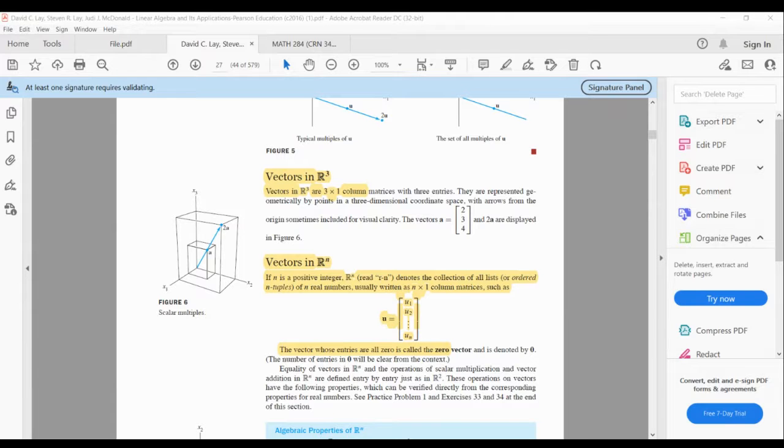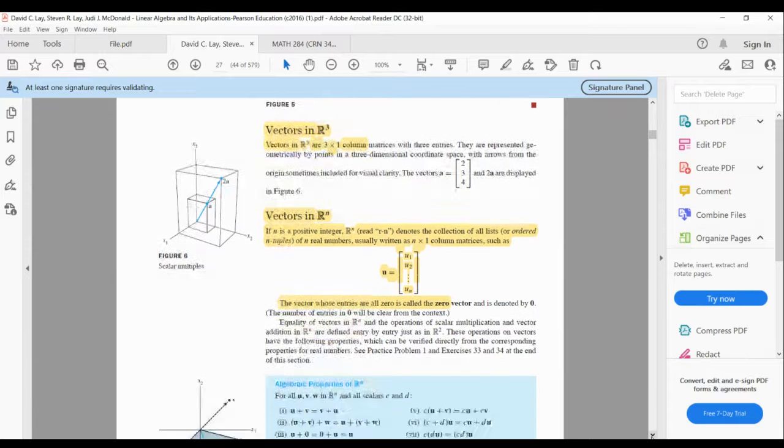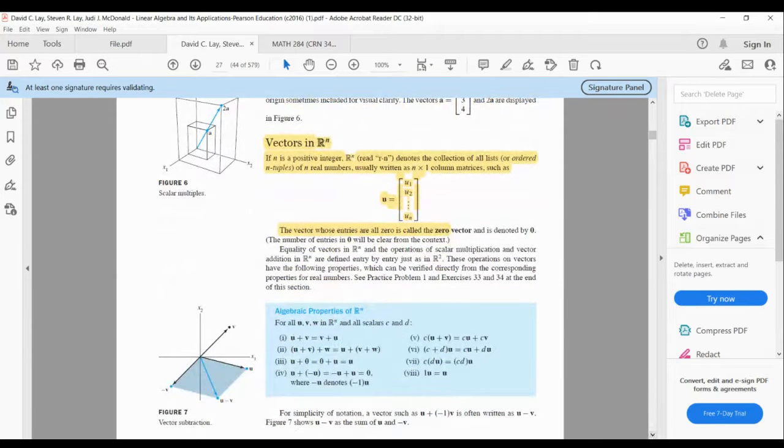And of course, there are algebraic properties of vectors, like the first property there, u plus v equals v plus u. That means vector addition is commutative.